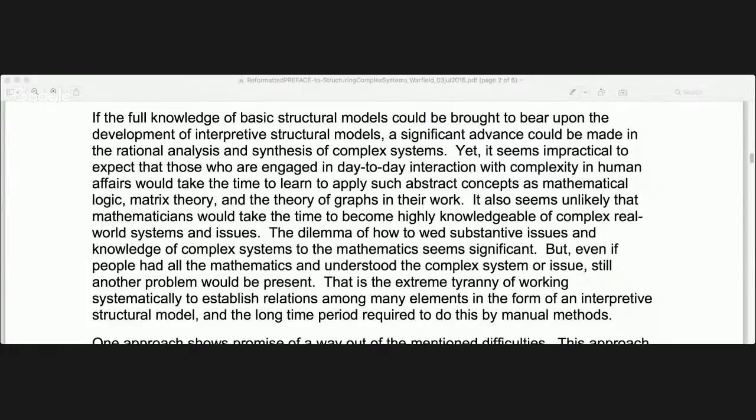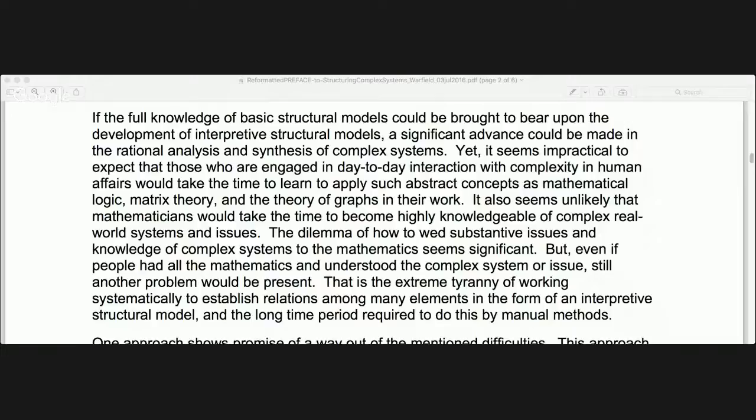And what he's talking about here is that if the full knowledge of basic structural models, which essentially are mathematical modeling approaches, can be brought to bear upon the development of interpretive structural models, which are models of real-world business, social, technical systems, a significant advance can be made in the rational analysis and synthesis.